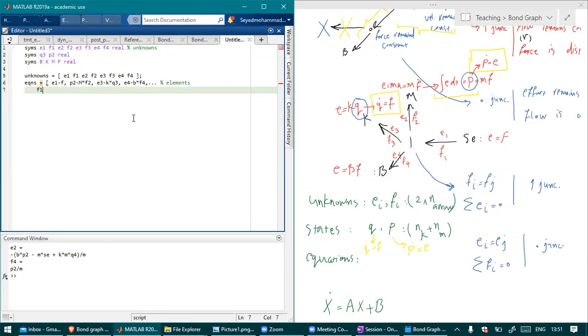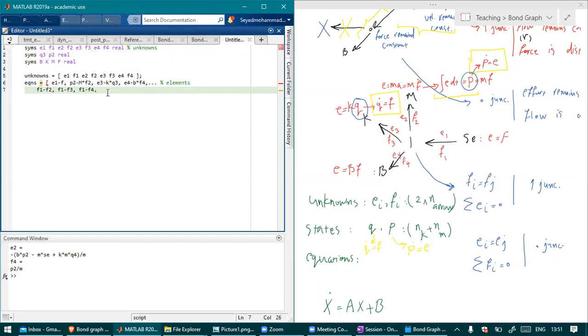So basically, F1 is equal to F2. Also, F1 is equal to F3. Also, F1 is equal to F4. So that's three relations here. And then we have one equation: a one junction keeps the flow constant and distributes the effort.